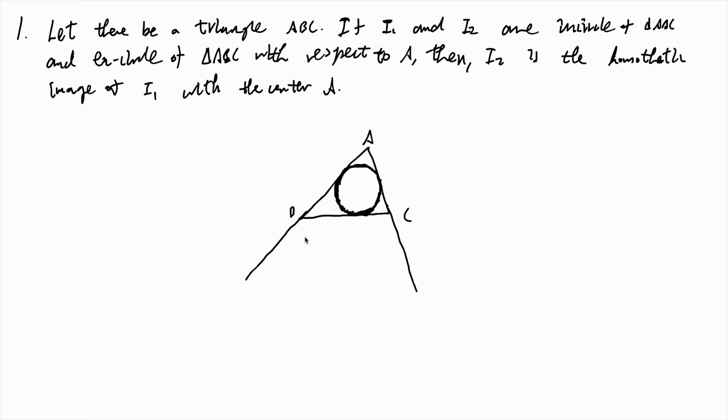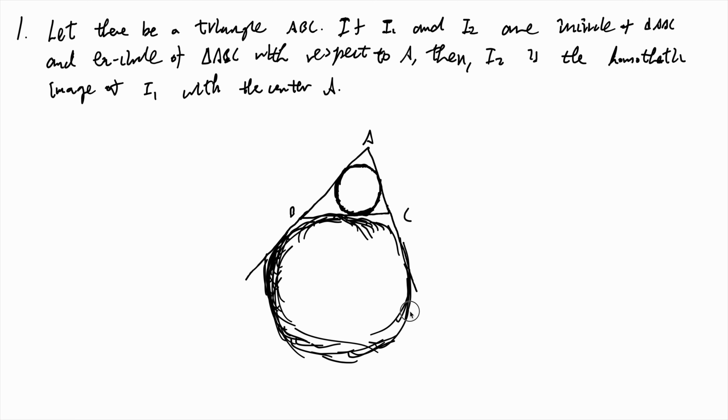Here is B and C. We actually need a good X circle here. Okay. This is not a pretty X circle, but I have no idea how to draw it. Oh, why does my circle look so fat? It doesn't look like a circle.